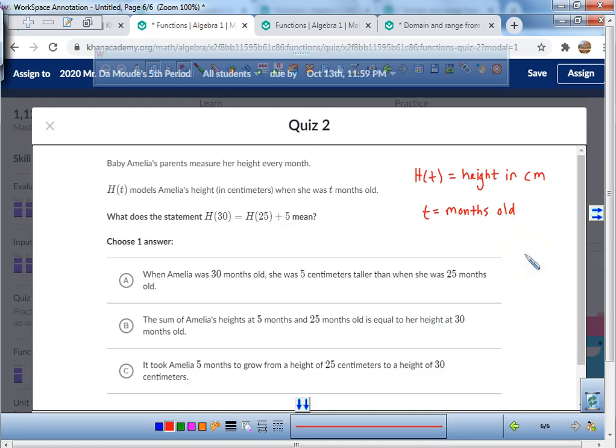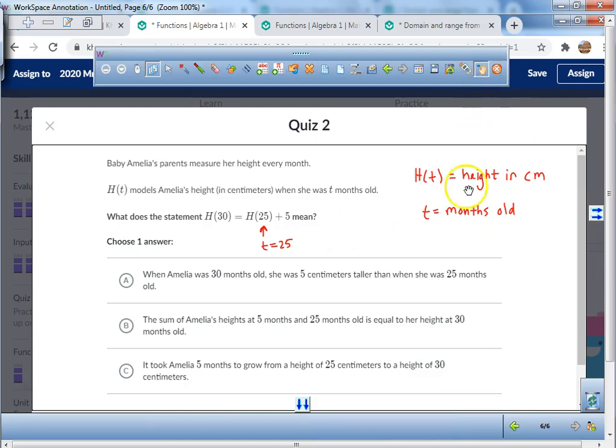All right. Okay. So right now it looks like right here we have a t value. A t value is 25. So it looks like she's 25 months old. And if you plus 5, it looks like she was already 5 centimeters tall.